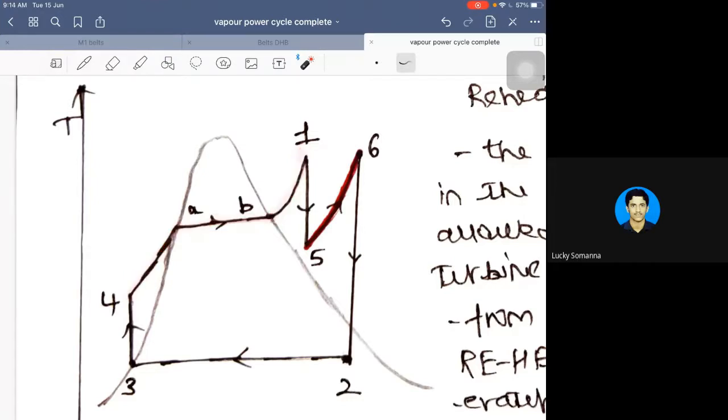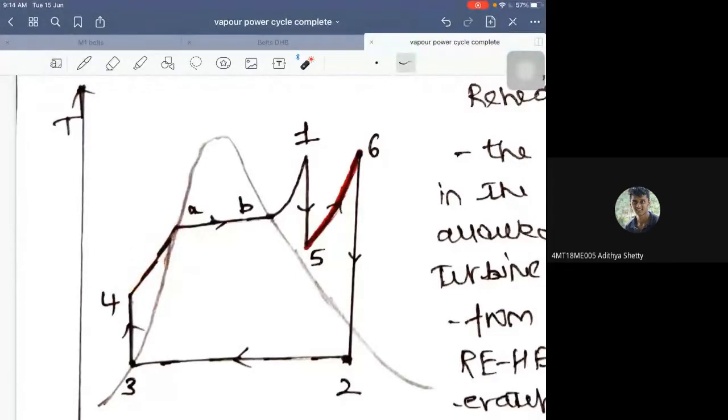So 4 to A is the economizer. What are you heating here, liquid, liquid plus vapor, or vapor? Liquid. So here the temperature increases, but the phase remains the same.